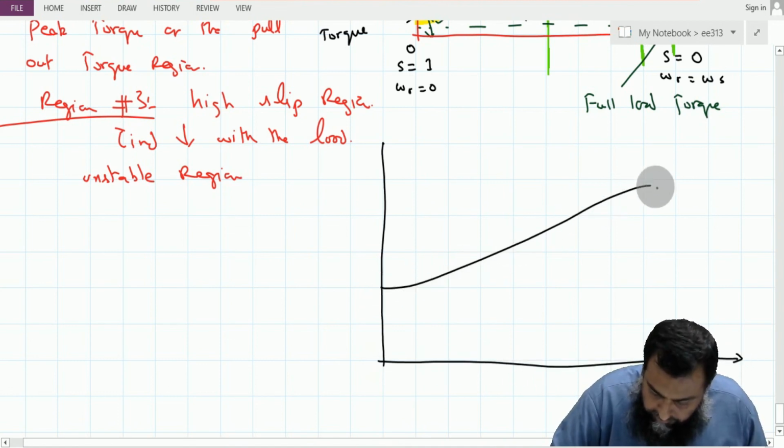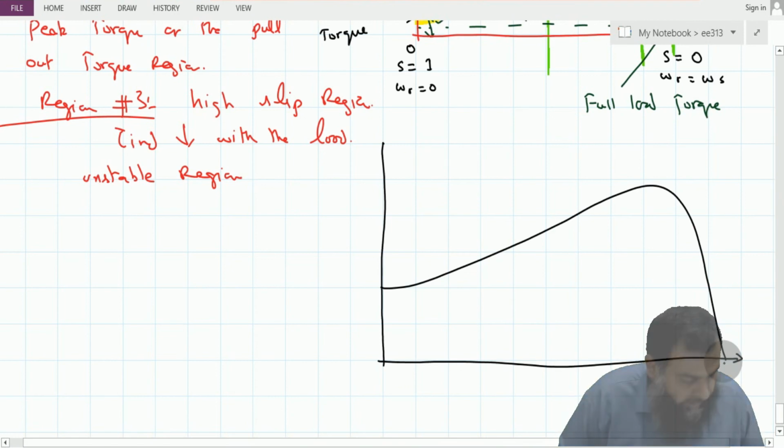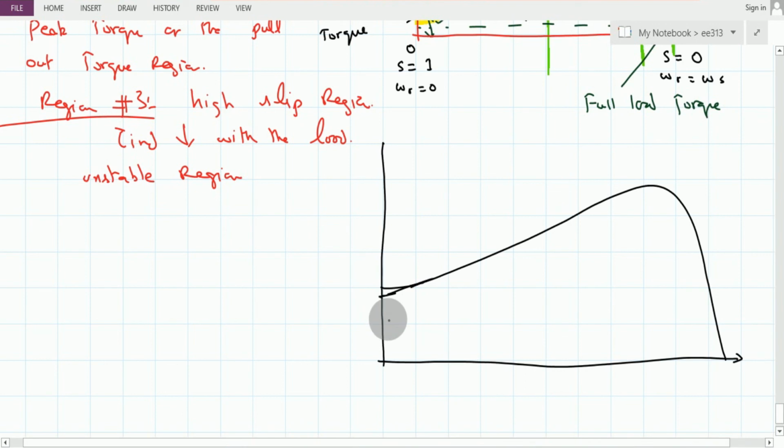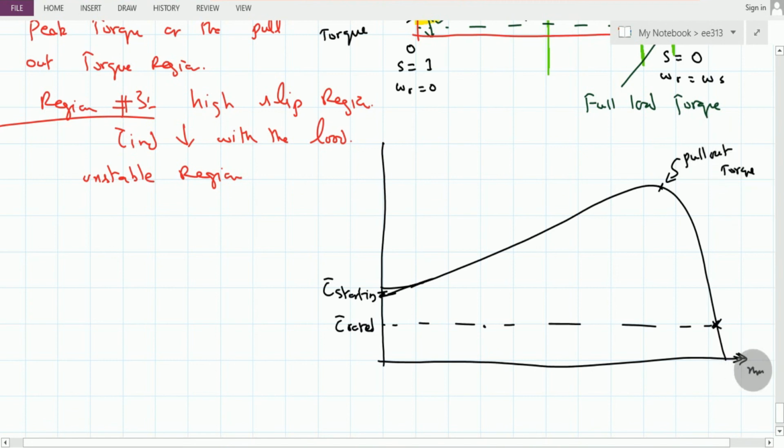So we have this type of characteristic. Suppose this is the rated torque point, here we have the starting torque, this is the pull out torque, and here we have the induced torque.